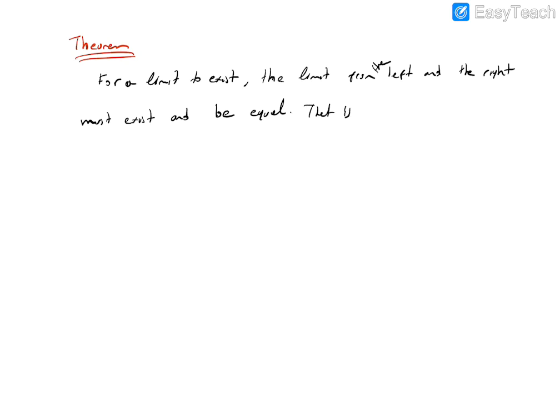That is, mathematically we can denote: limit as x goes to c of f of x equals L if and only if the limit as x goes to c from the left side equals the limit of the function f of x when x goes to c from the right hand side, which is L.